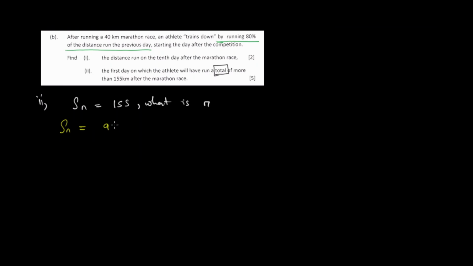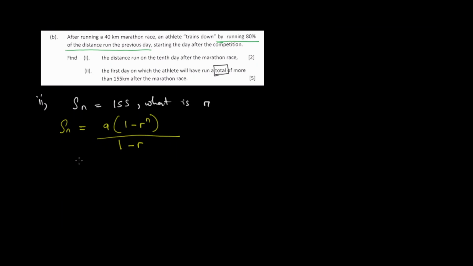A bracket of 1 minus r to the power of n over 1 minus r. Good. That's it. Saka panapa tiri kuti sum of n yacho, sum of n tataura kuti it's 155.